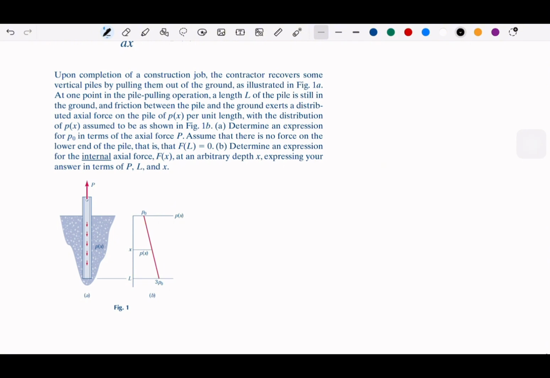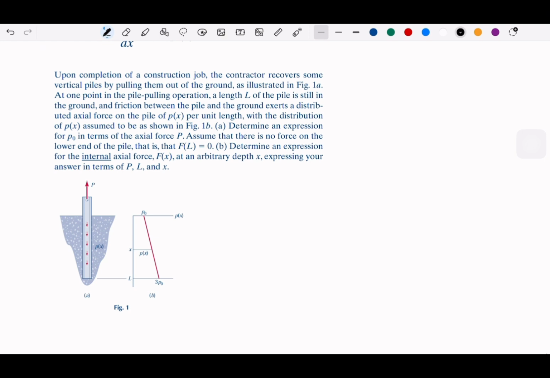And then when we go through all the length, we are going to have this p0, and this is going to be a linear distribution. So we need to determine the expression for p0 in terms of the axial force P. Assume that there is no force on the lower end of the pile.